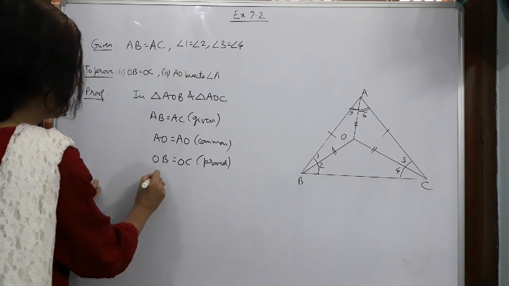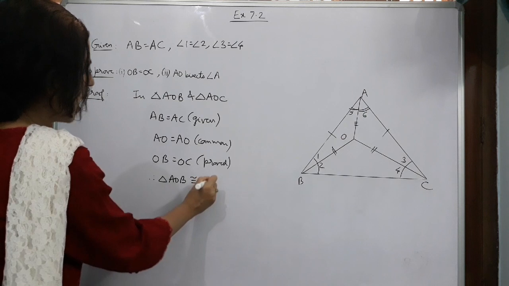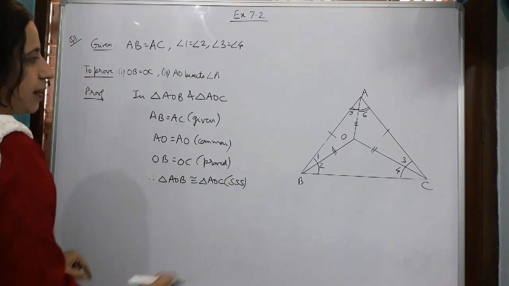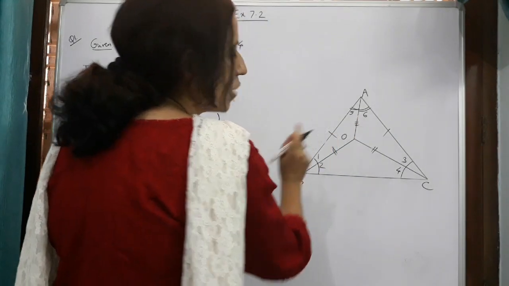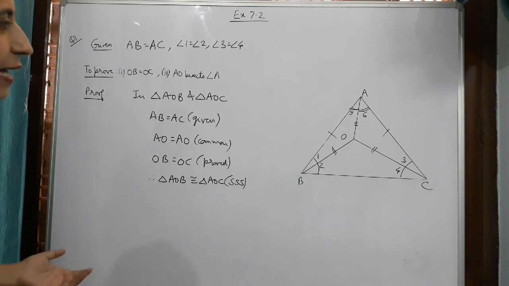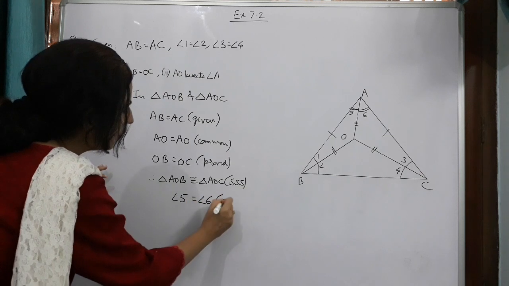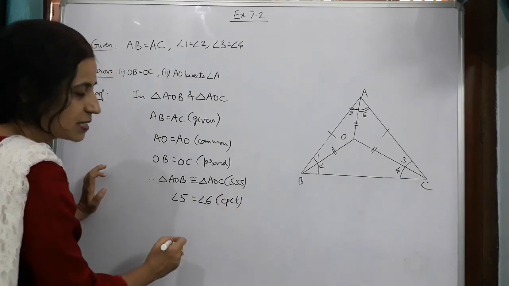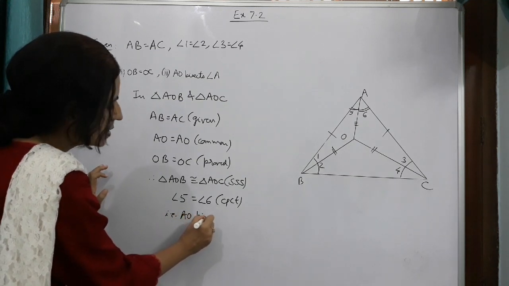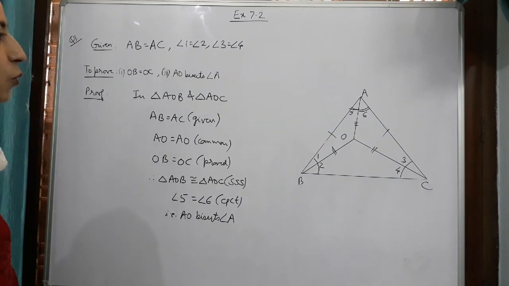So we can say that triangle AOB is congruent to triangle AOC by SSS criteria of congruence. And if the triangles are congruent, then by CPCT we obtain that angle 5 is equal to angle 6. That is, AO bisects angle A. This is what we prove.